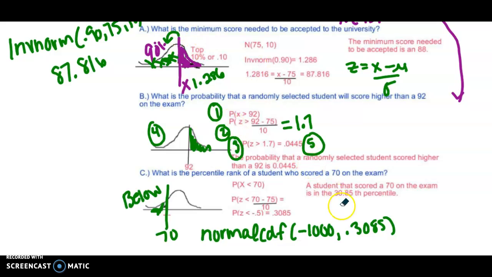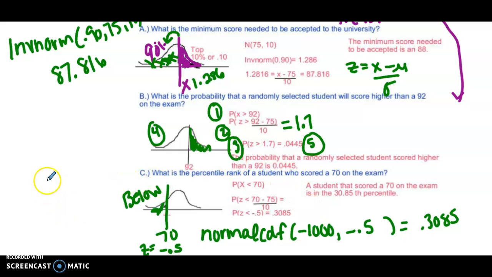I wrote that wrong earlier. That gives you the area from negative 1,000 to negative 0.5, because that's my z-score, which is going to be your 0.3085.